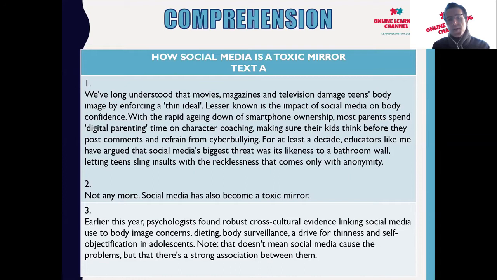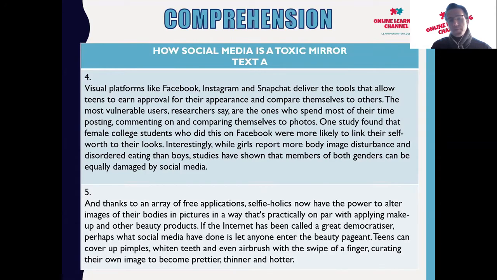Earlier this year, psychologists found robust cross-cultural evidence linking social media use to body image concerns, dieting, body surveillance, a drive for thinness, and self-objectification in adolescence. Note, that doesn't mean social media caused the problems, but there's a strong association between them.